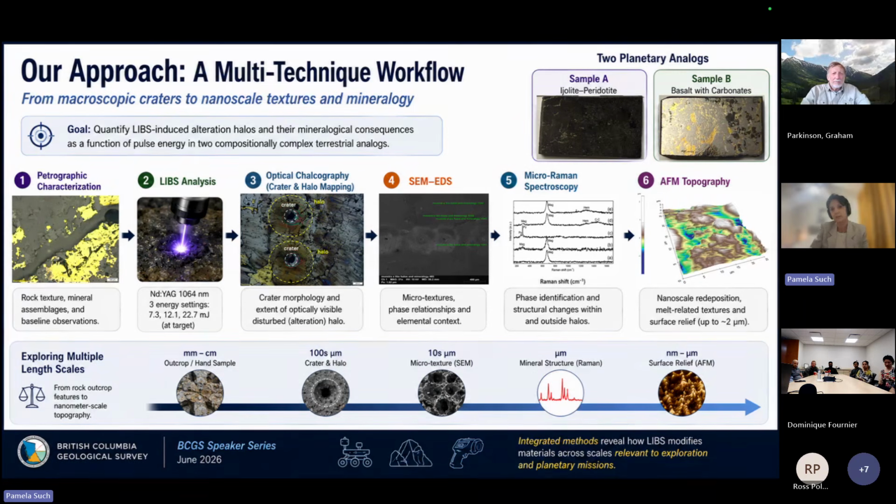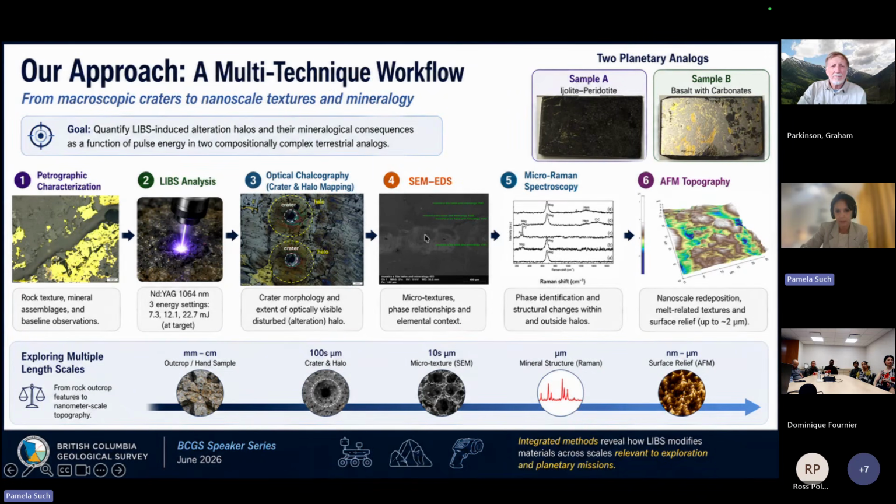Then we took it to the SEM-EDS instrument, an electron microscope, to record the mineralogy and changes in the composition of the sample. Then we performed micro-Raman spectroscopy in the area where we shot the LIBS. I don't know if you can see my cursor, but this is the sample before we shot LIBS, and this is the sample after.